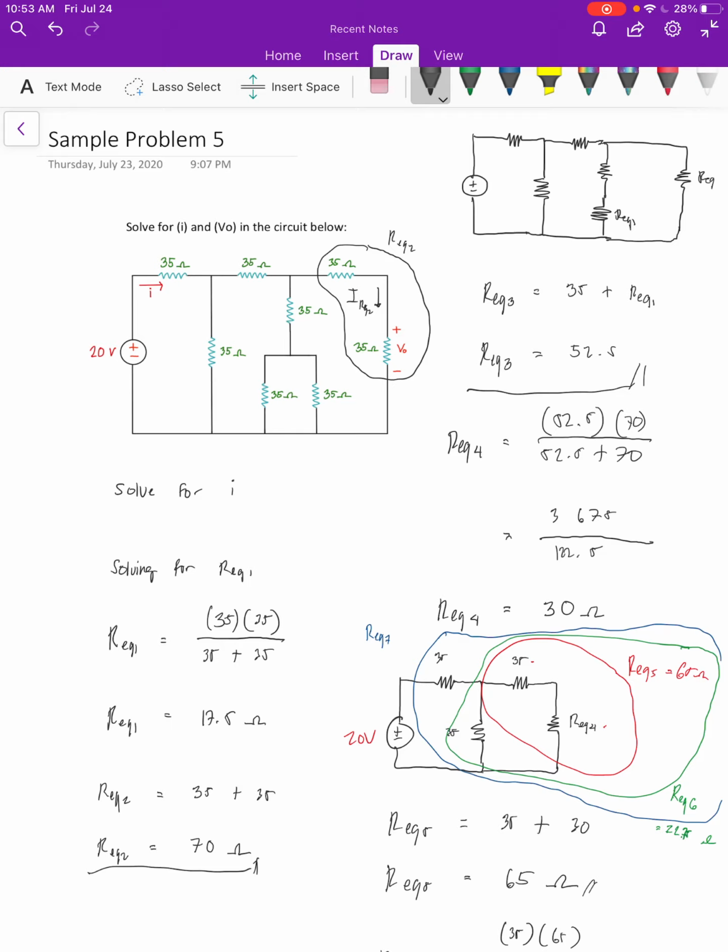That's the final value of current that we want to find in this diagram in order to solve for VO. Recalling from Ohm's law, wherein current is equal to voltage divided by resistance, with a small tweak of the formula, voltage VO is equal to current I Req2 times the resistance, which is 35 ohms.